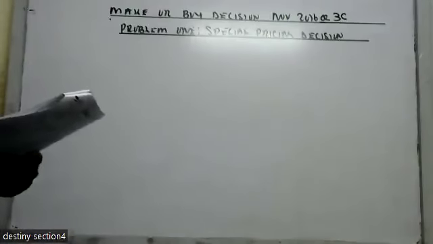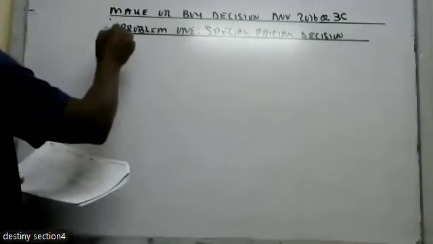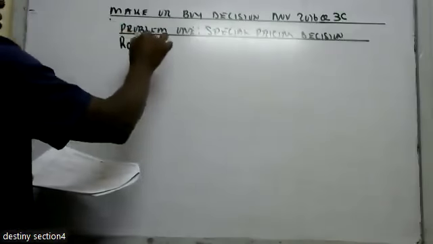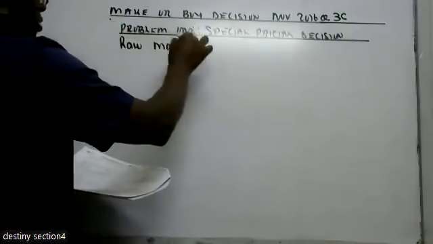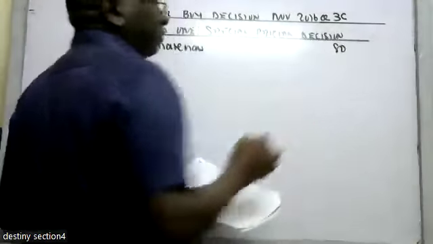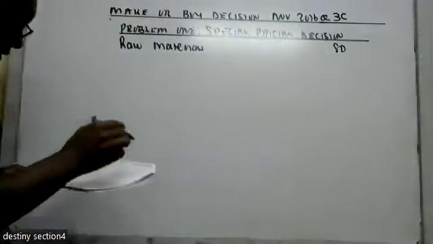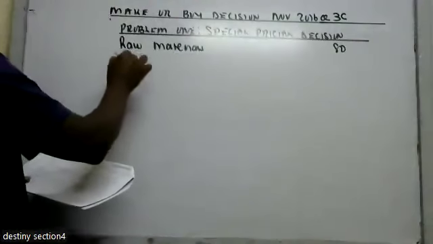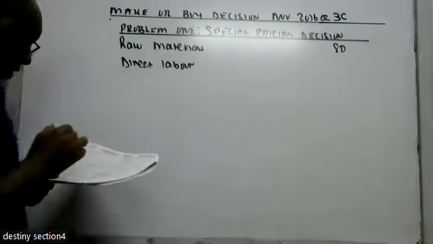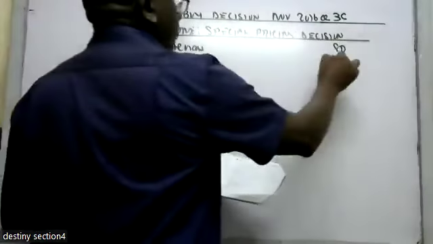So you bring raw materials. Raw materials, we are told it is what? It is 80, the variable cost. We bring direct labor. It's also a relevant cost of 40.